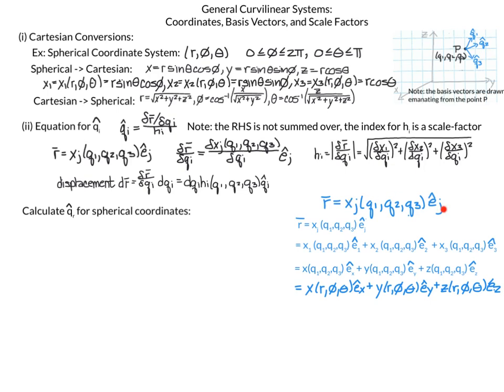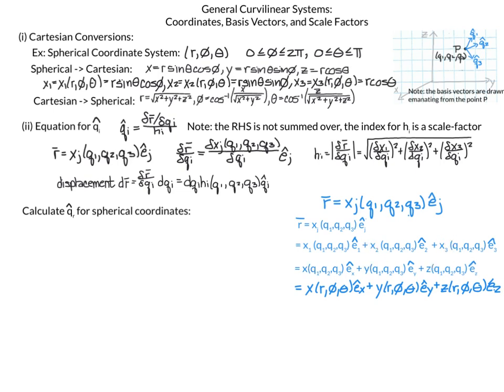imply a summation. So in other words, our r is going to be x1 and e1 with q1, q2, q3, plus x2 and e2 with q1, q2, and q3, plus x3 and e3 with q1, q2, q3. So we've summed over j at this point. Then the next thing to remember, in Cartesian coordinates, x1 is our x-coordinate, x2 is our y-coordinate, and x3 is our z-coordinate.